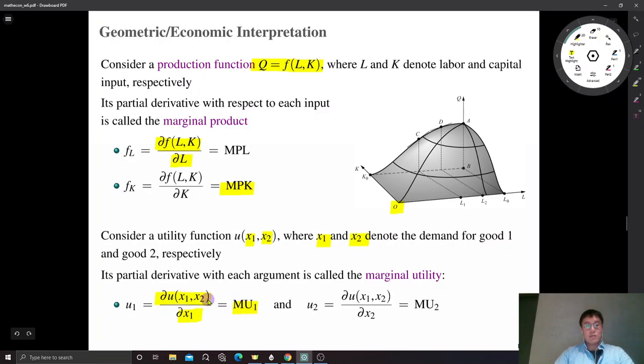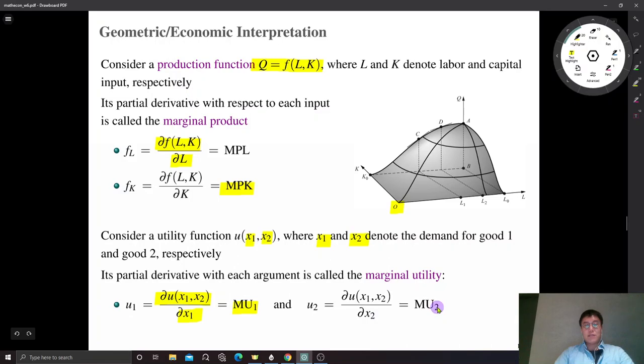Its interpretation: if this consumer purchases 1 more unit of good 1, okay, then the level of satisfaction, utility, will go up, right? So this MU1 measures the increment of utility from an additional purchase of good 1. Okay, that is MU1. And MU2 is defined as the partial derivative of the utility function with respect to x2.